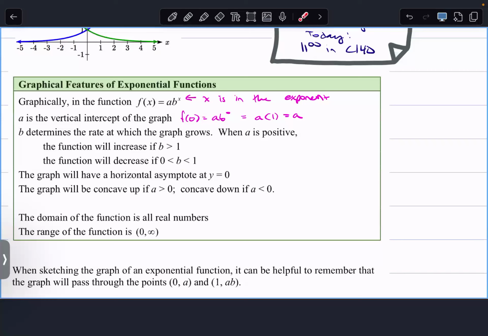We also said that b must be greater than 0. Between 0 and 1, it's some small number, then we have a decrease, and if it's greater than 1, then we have an increase.